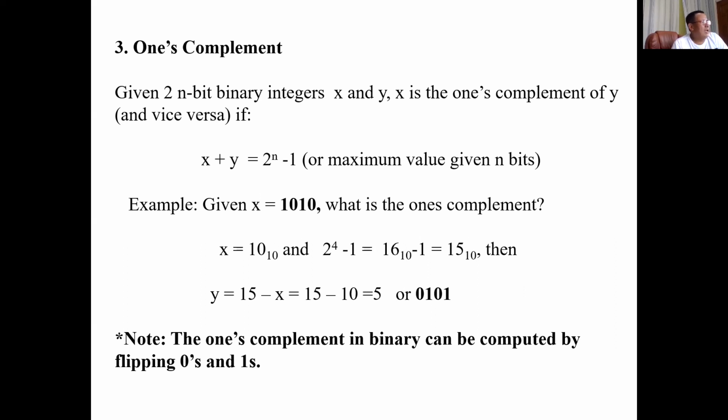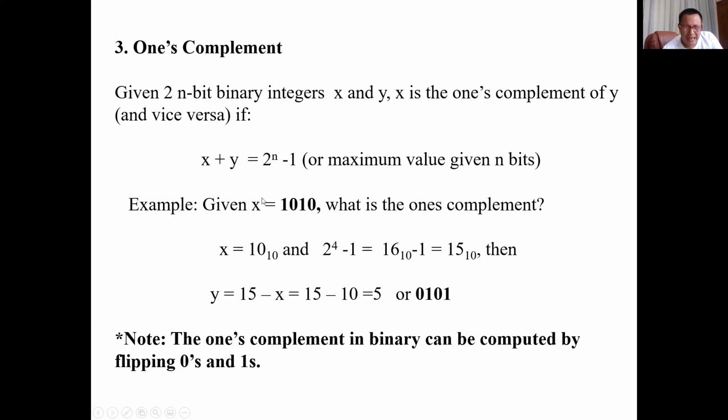Okay. Given two n-bit binary numbers x and y, one's complement. X is the one's complement of y, and vice versa, if x plus y is equal to the maximum number of the nth power, 2 to the n minus 1. Remember, 2 to the n minus 1 is the maximum value for given n bits.